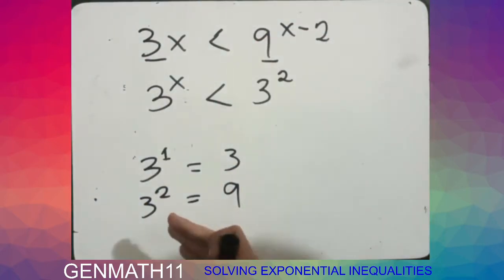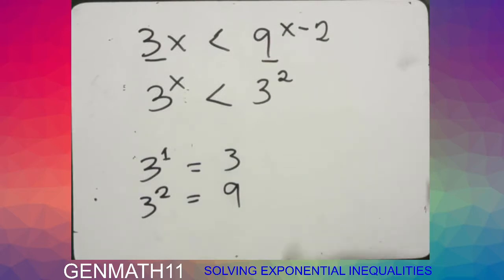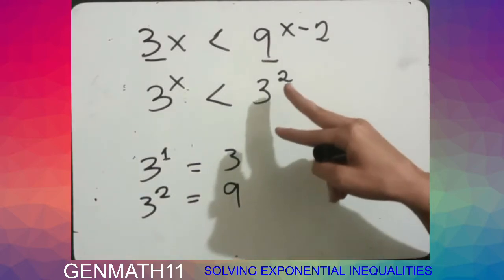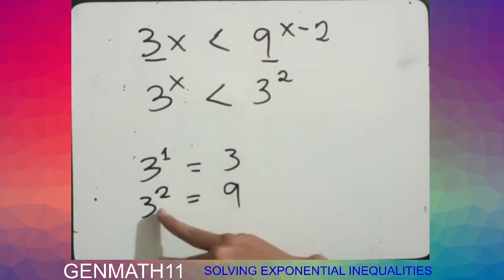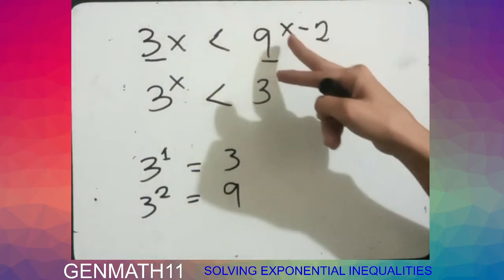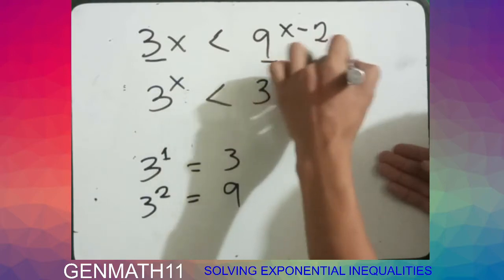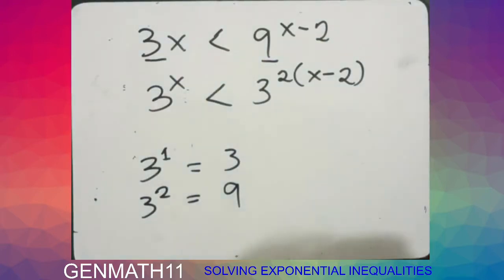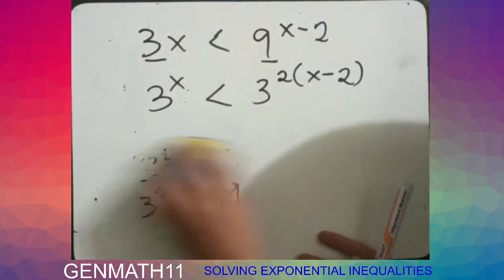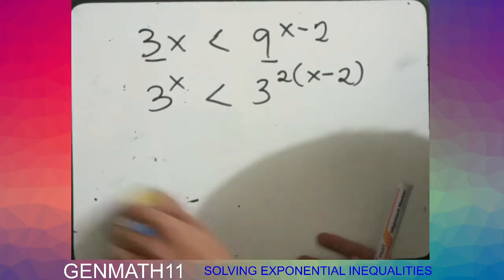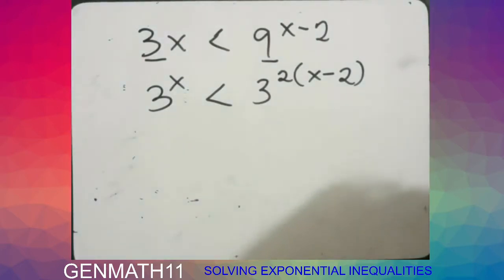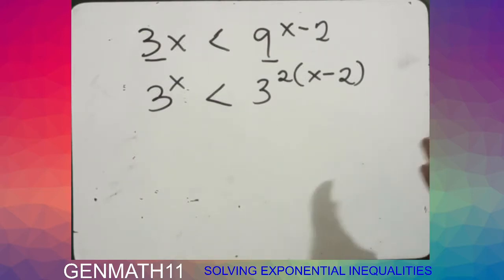Since nagkaroon tayo ng panibagong exponent, yung ating exponent ay i-multiply natin doon sa exponent kanina, which is si x minus 2. Okay. So, 3 to the x power is less than 3 raised to 2 times x minus 2.